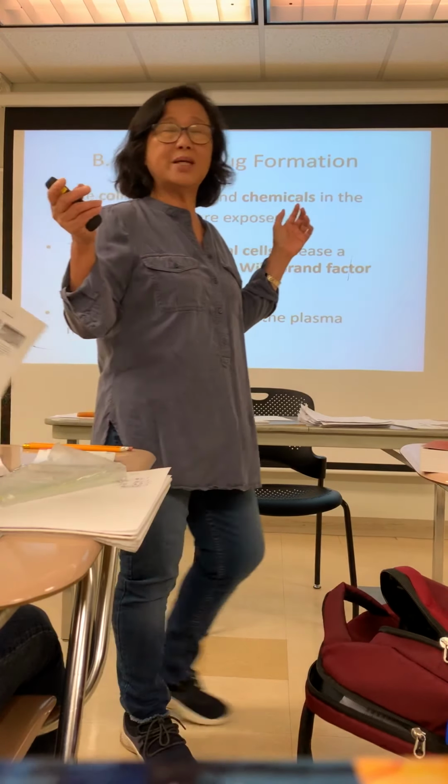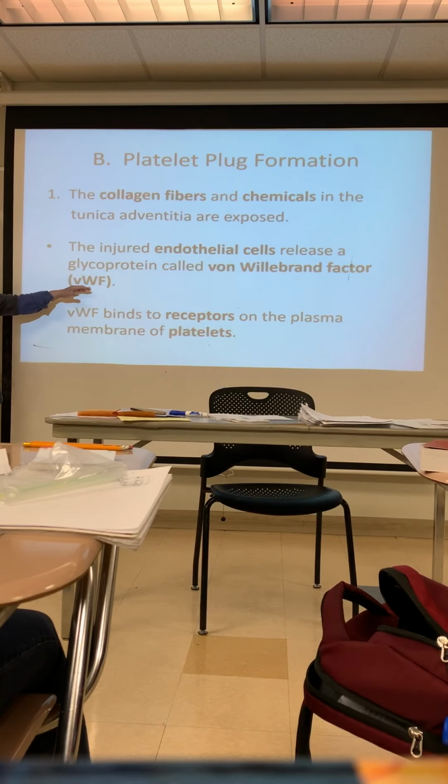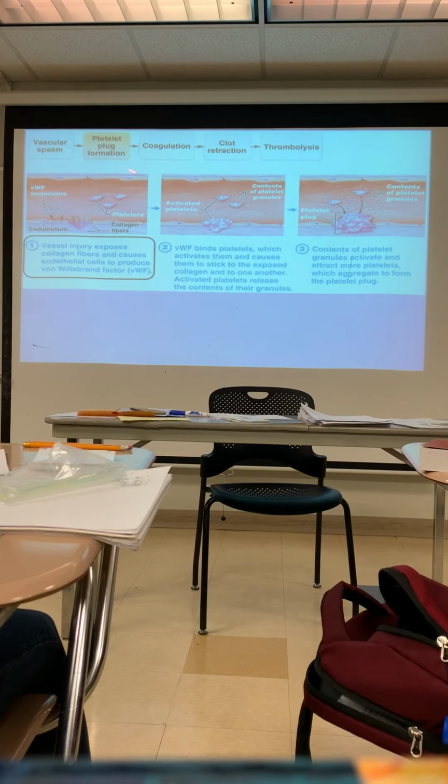Okay. Again, remember this word, Willebrand factor, VWF, because I saw this in one of the exams. Okay, so receptors in the plasma of the platelets. So you connect this into endothelial cells, into the collagen fibers, into the platelet plug. So this is what happens here in the platelet plug formation.